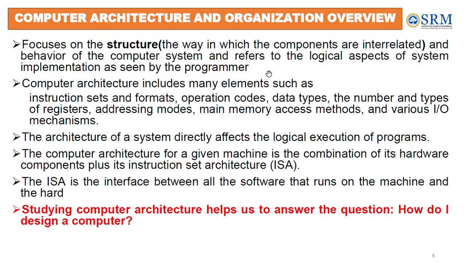So the ISA is the interface between all the software that runs on the machine and the hardware components. Studying computer architecture helps us answer the question, how do I design a computer?